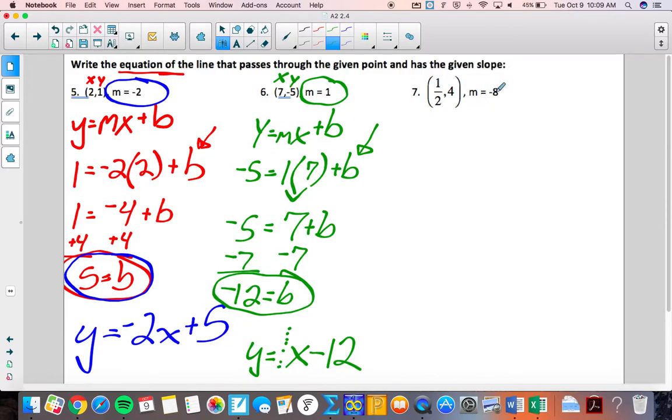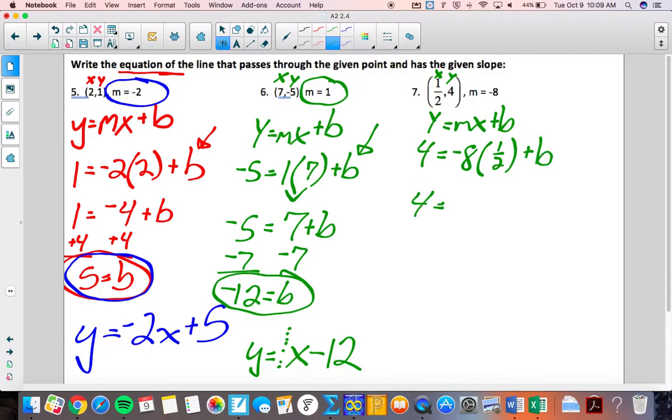Here my slope is -8 and my x value is 1/2 and y is 4. Now that 1/2 you could call 0.5, right? So slope-intercept form, the 4 is my y. The slope is -8. I'm multiplying that by 1/2, or 0.5 in a calculator.